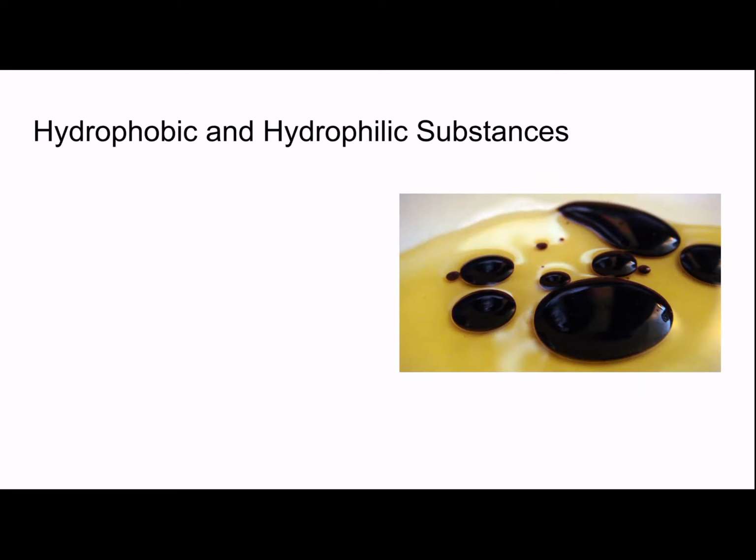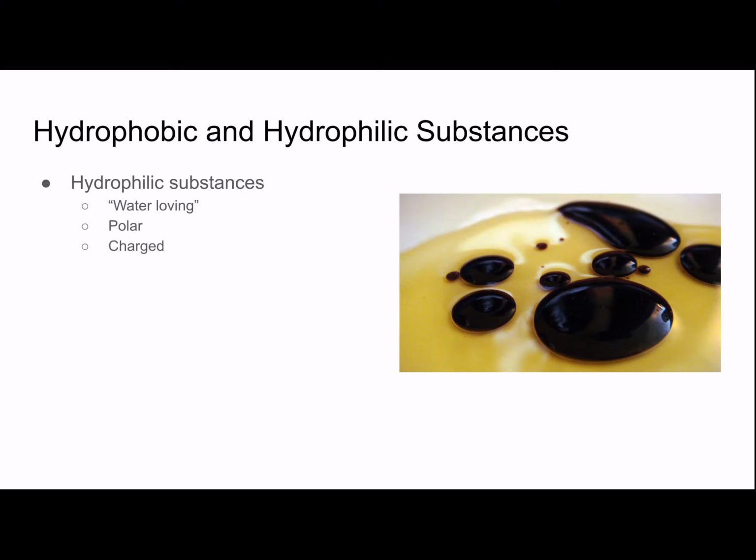And this polarity brings us to hydrophobic and hydrophilic substances. So we have hydrophilic substances first, which are water-loving. That's what hydrophilic means. And these are polar molecules, right? Because we talked about how water is polar. And water being polar makes it attracted to other polar molecules that have unequal sharing of electrons.